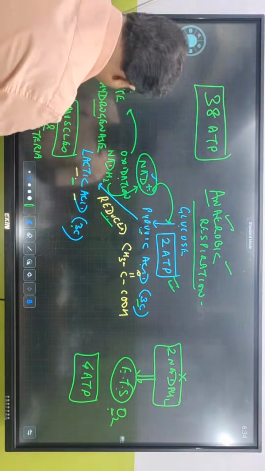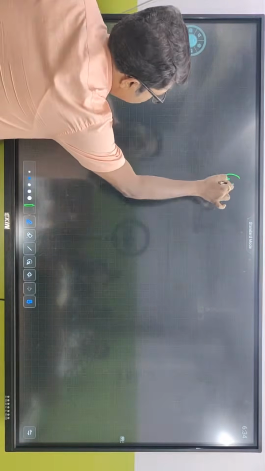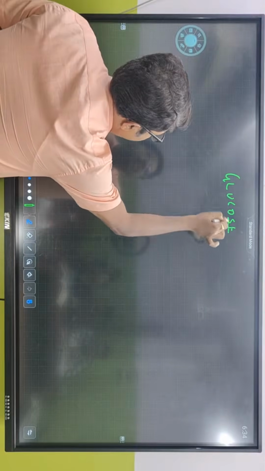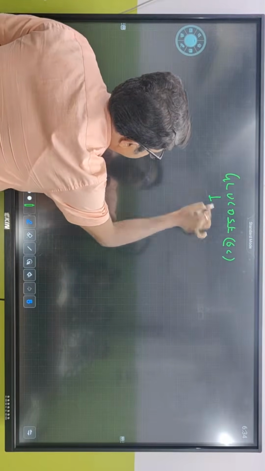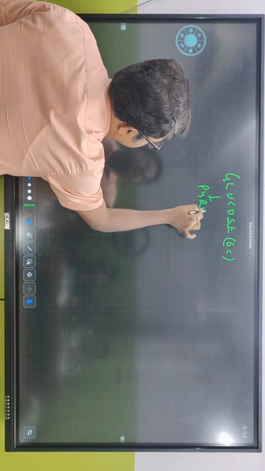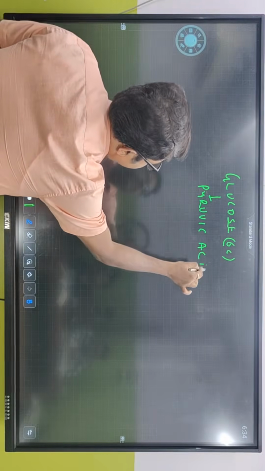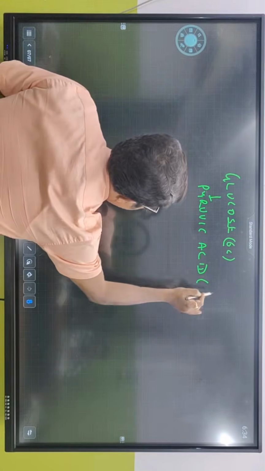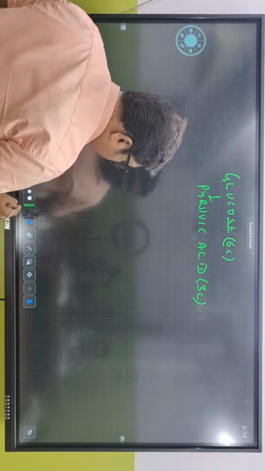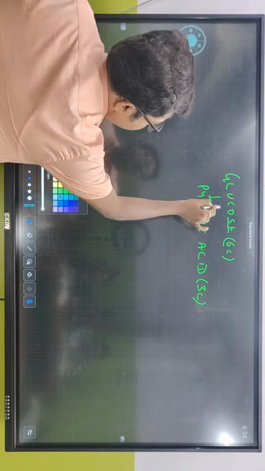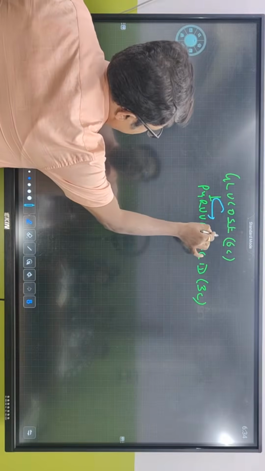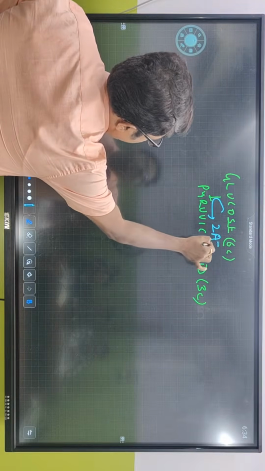But when we talk about yeast, from glucose, which is a 6 carbon compound, it forms into what? It forms into pyruvic acid, which is a 3 carbon compound. Now think about it. Ultimately, how many ATP being formed over here? 2 ATP being formed.